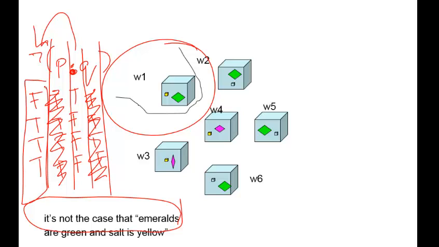So that's the truth value for not the case that P and Q. Now let's take a look. So what have we got? We've got one scenario where it is the case that P and Q and all the others satisfy 2, 3, or 4.